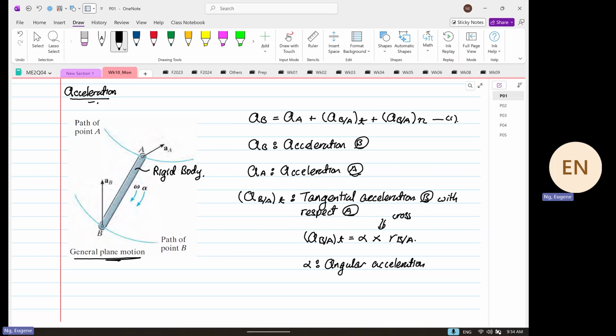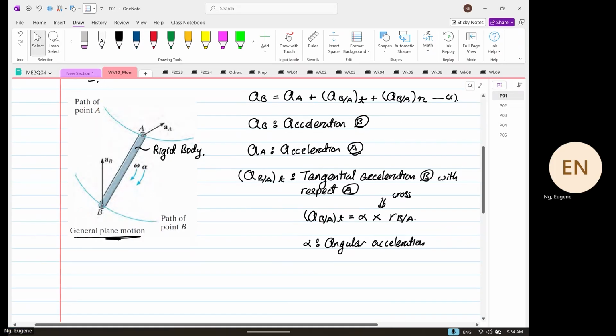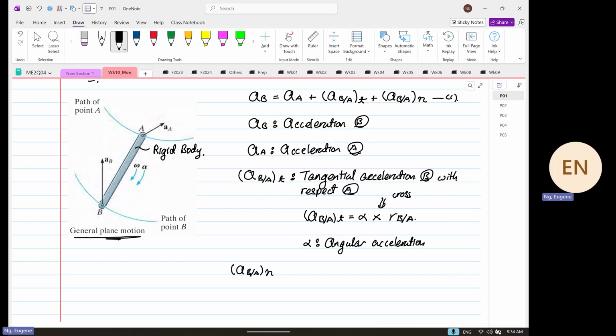And then we have another term, which is A_B, and now it's normal.